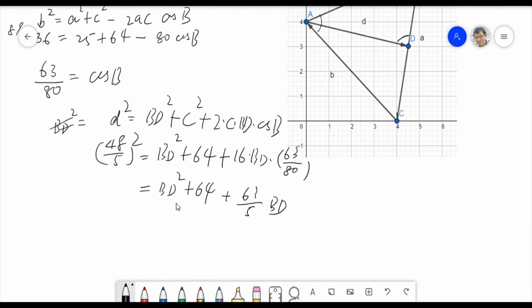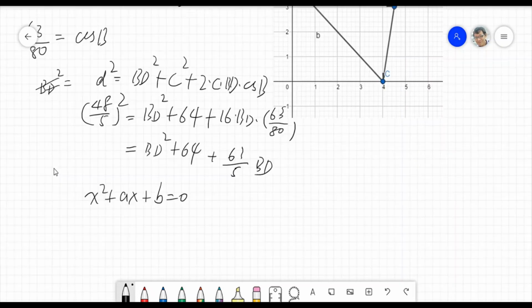So BD, this also BD, so BD square plus 64, and move this to the right side, and this finally will be like x square plus ax plus b equals 0. It will be like this.